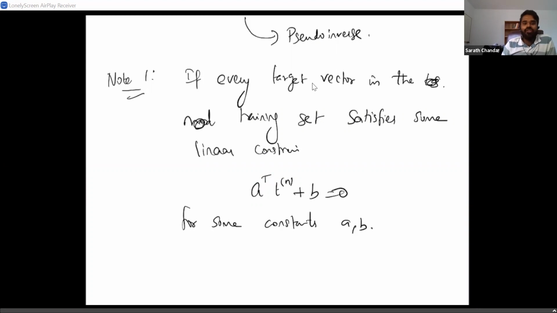So if my training data has such a linear constraint, then the model that I am learning will also have the same constraint.